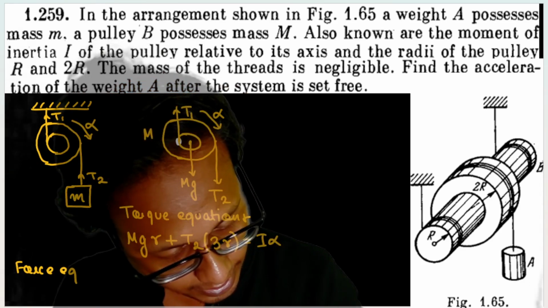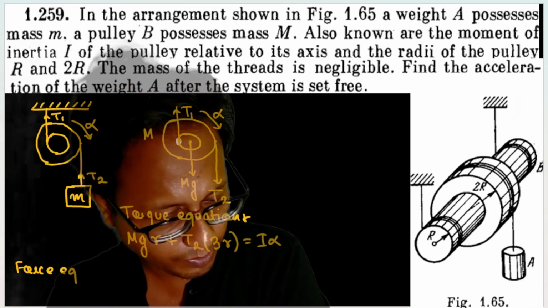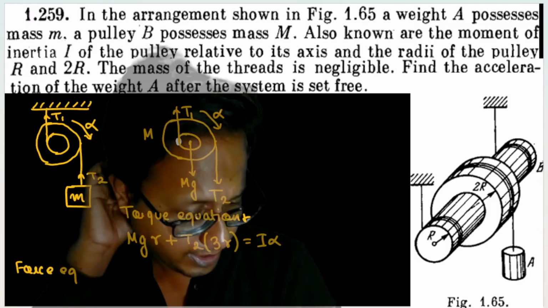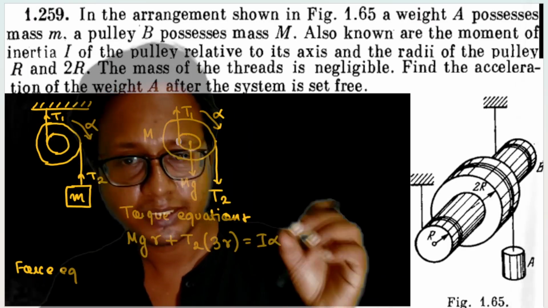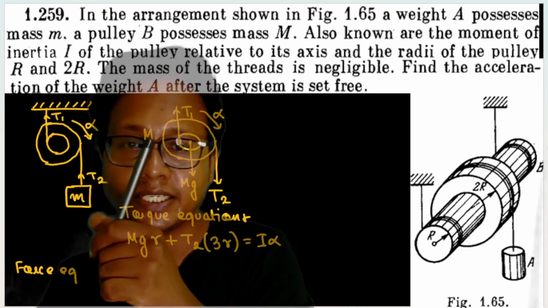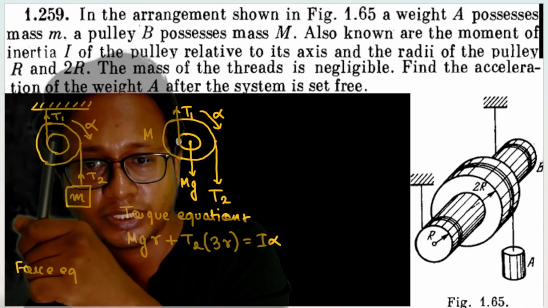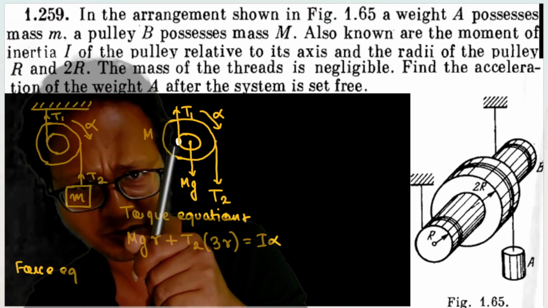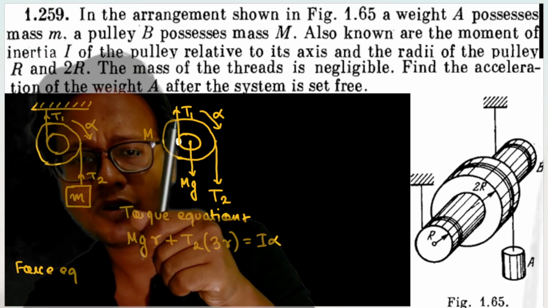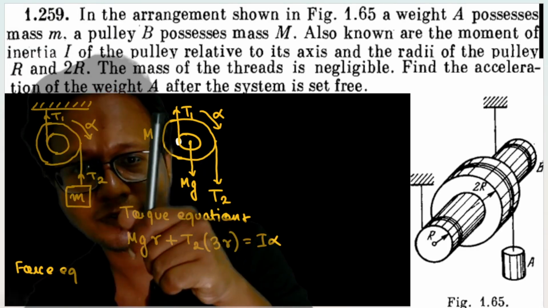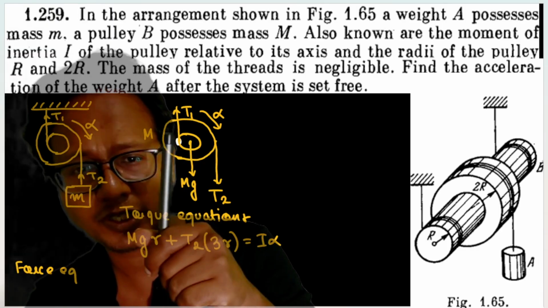Do I need the force equation? I don't think I need the force equation of this body, since I already wrote my equation from the instantaneous axis of rotation. If I see this one, this would be the instantaneous axis of rotation. Since I have already written my torque equation from it, a separate force equation of this body would be worthless.